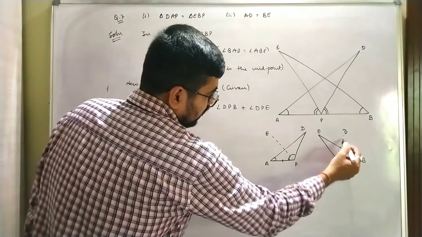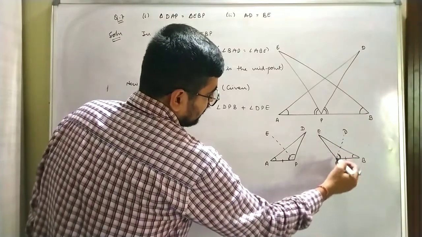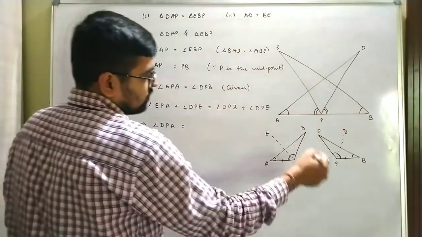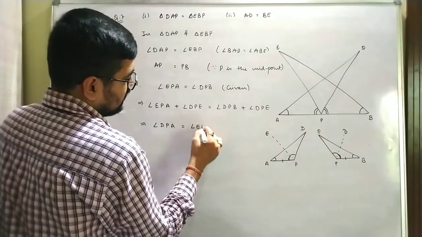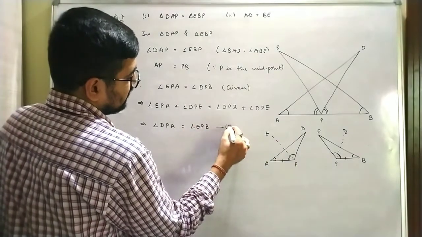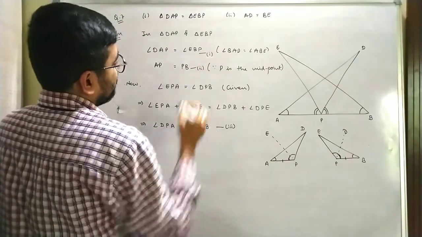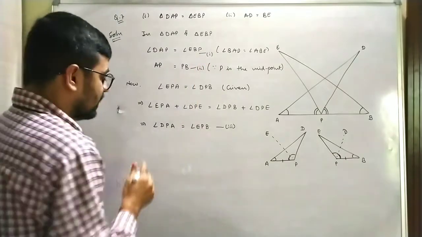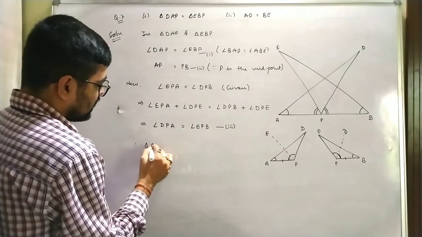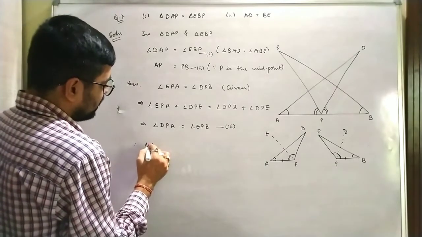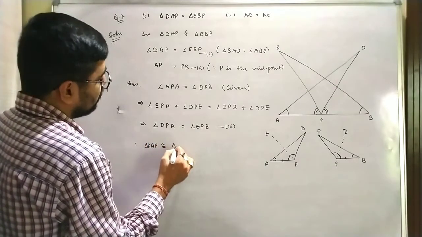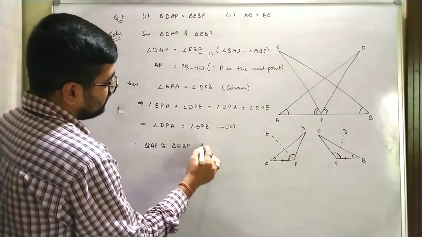Here I already know DPB this much, DPE this much. तो वो total angle कितना हो गया? EPB. This is my third criterion. This is my second. This was my first, and this is my third. So now I can say therefore triangle DAP is congruent to triangle EBP.